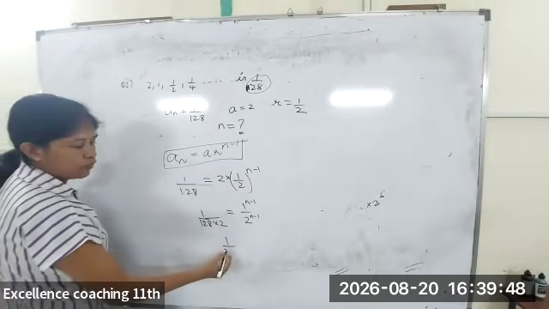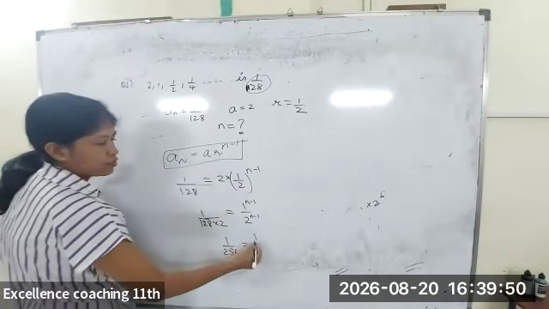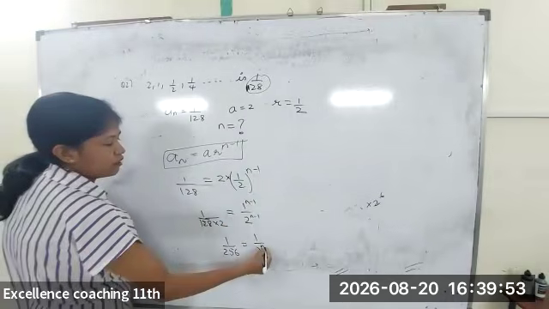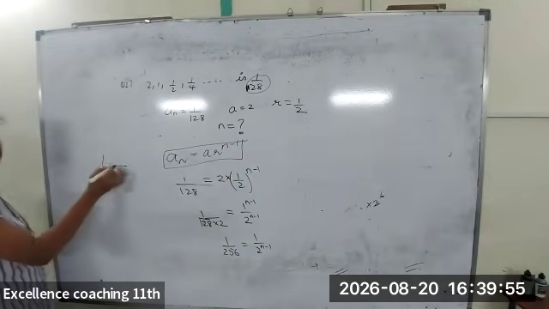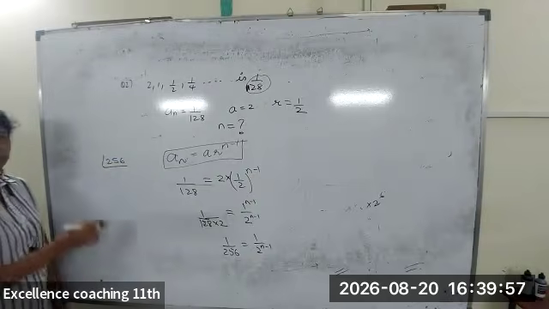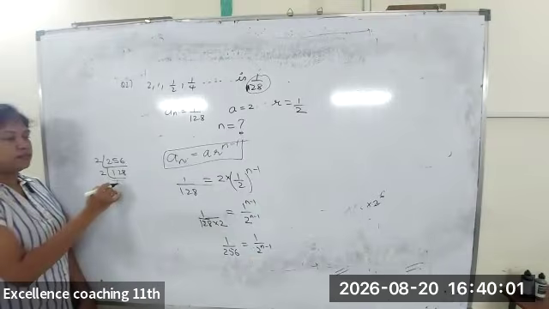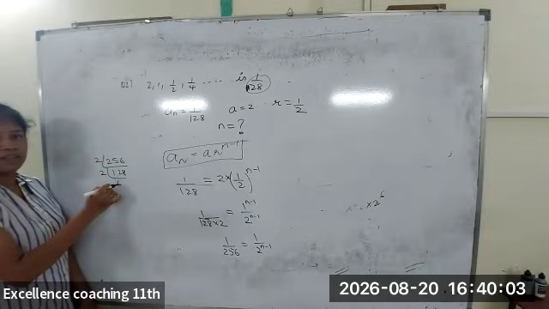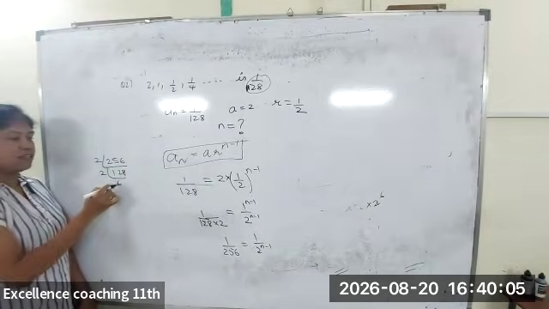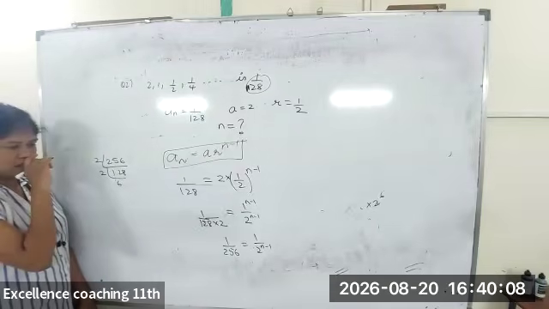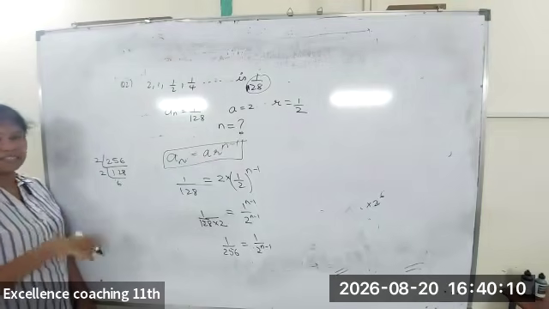So how much are you getting here? 256. And 1 raised to anything is 1. Leave it as it is. Now find the factors of 256 in terms of 2.